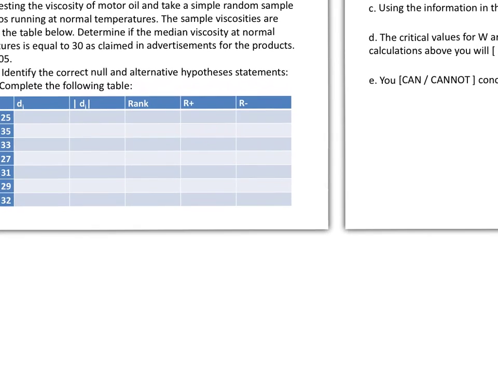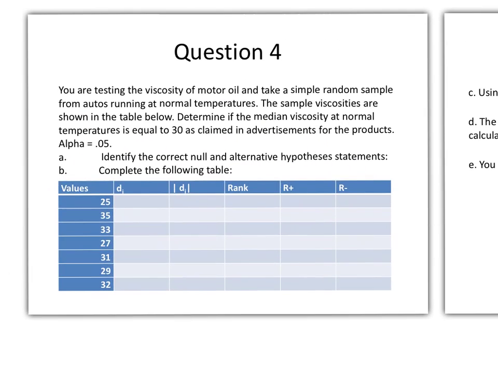The way that you might know that this is a signed rank test is that we're talking about median viscosity. When we talk about a median, this is one of the non-parametric statistics tests that we learned how to do in class.